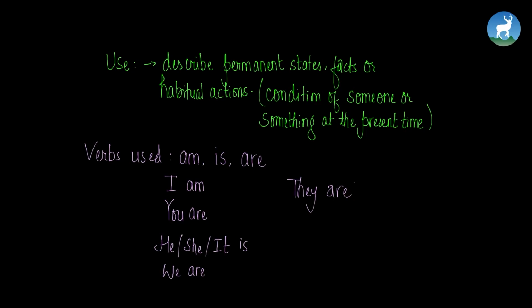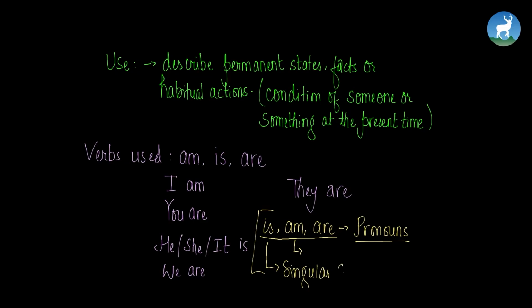So what did we notice here? We noticed that these forms are followed by a pronoun, and the pronouns are the subject. So, is, am, are. These things come after pronouns, right? They don't just come after pronouns, but they also come after any singular subject.